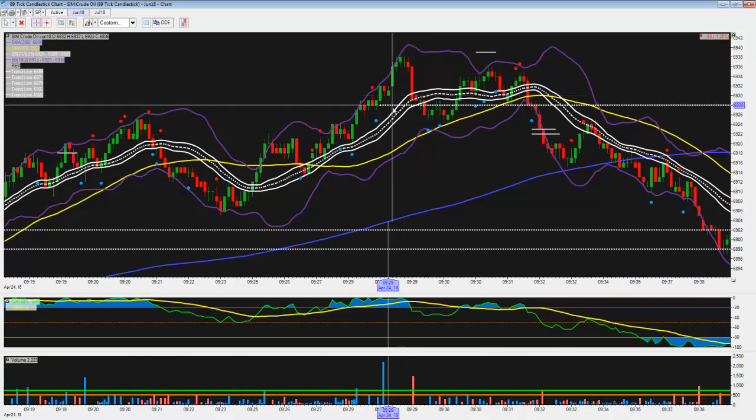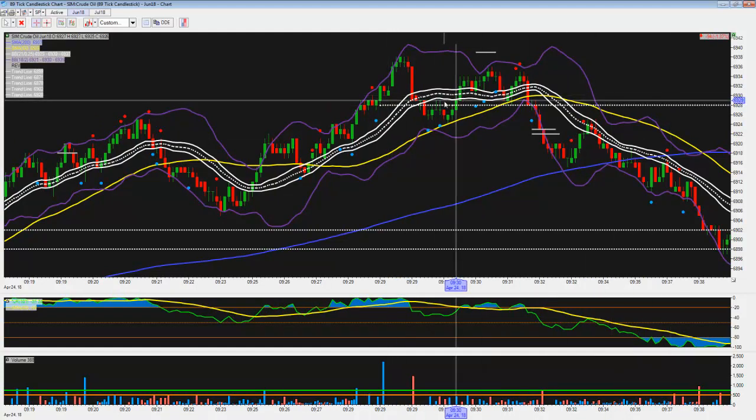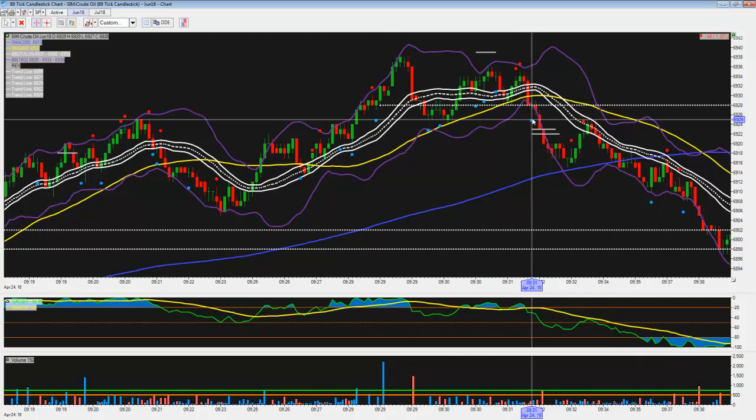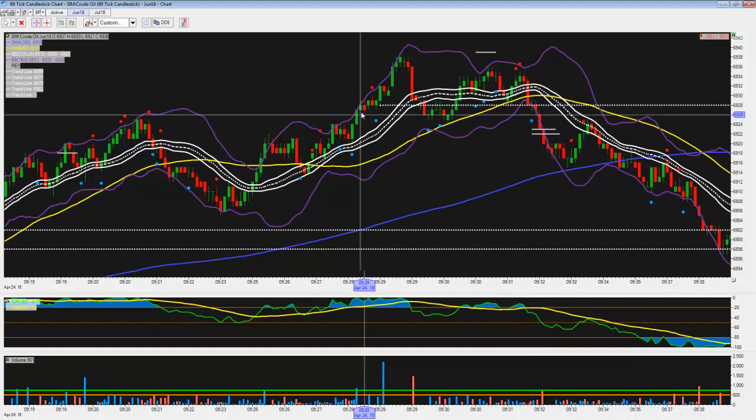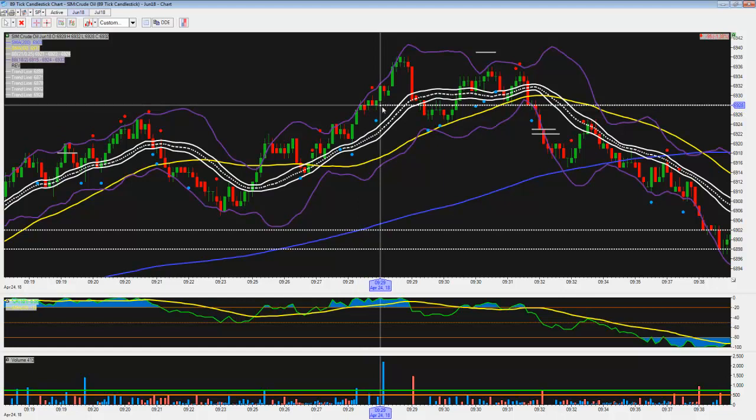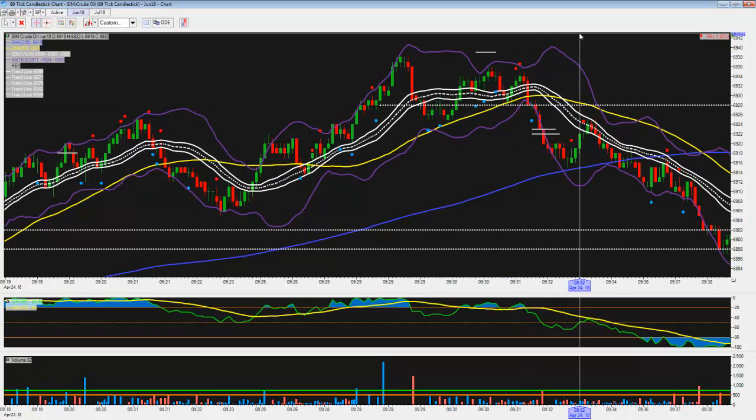And all of a sudden, this ends up being a really nice entry point right in this area, following the highest volume bar, where we once again want to be short below, long above. In this case, we want to be short underneath it and stay long above it.